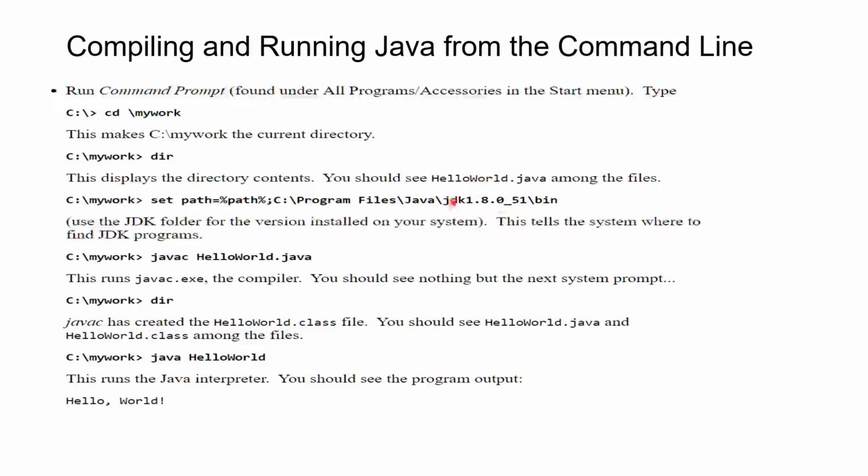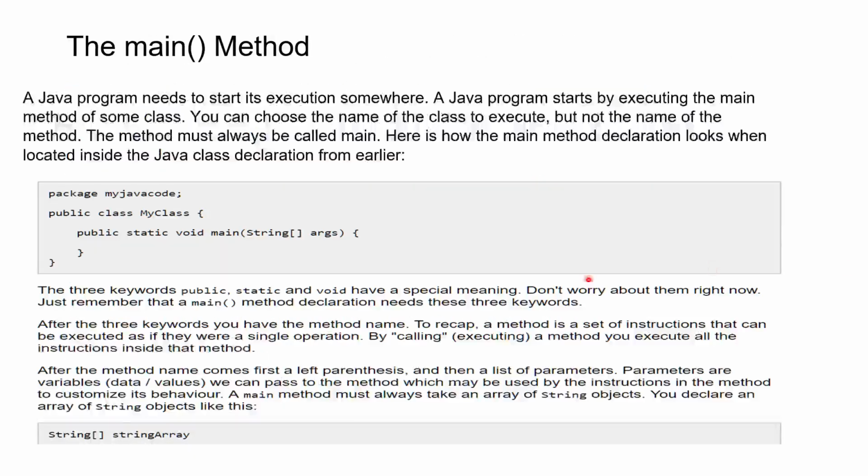So it'll have the same name as our Java file, except instead of a .java extension, it will have a .class extension. And you'll also see the HelloWorld.java. In order to run from the command line, we'll just type not javac, but java, and the name of the file. And this will call the class file. And then we'll see the output back to the console of Hello World.